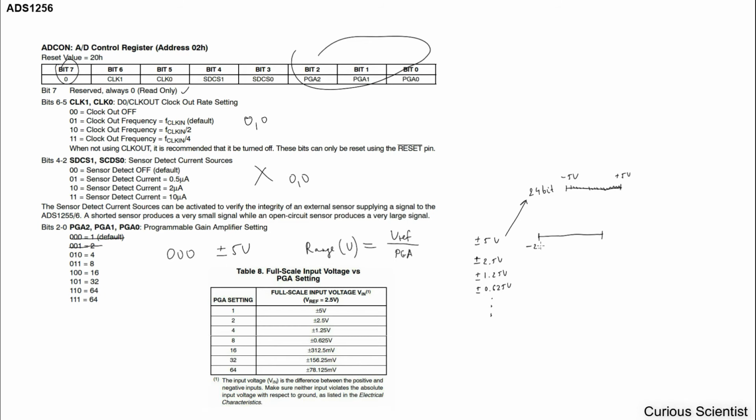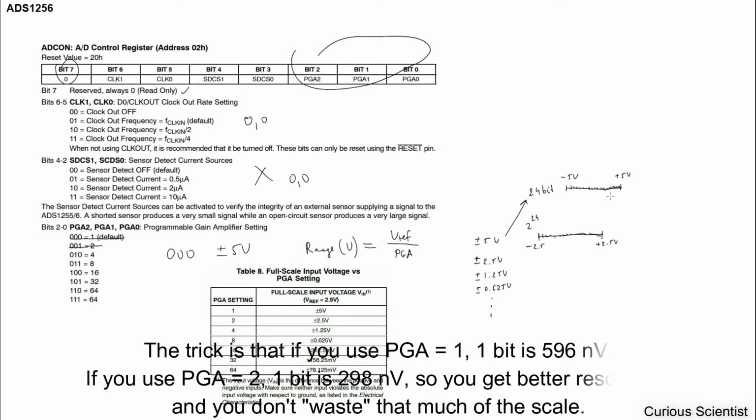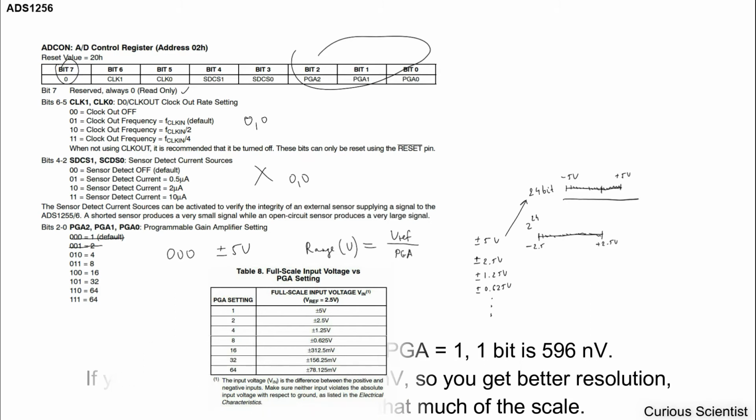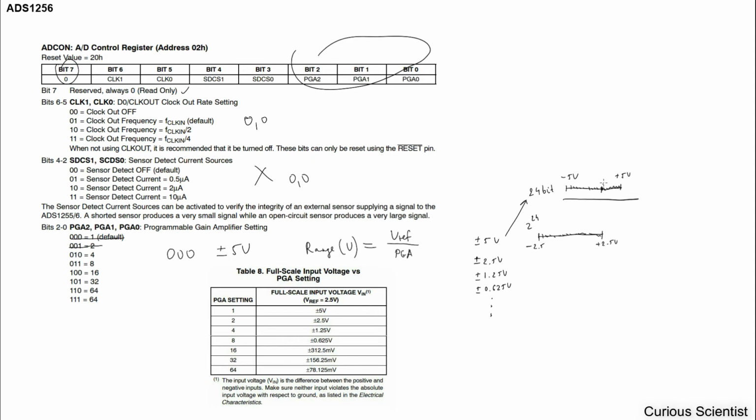So you measure between minus and plus 2.5 volt and divide it into 2 to the 24 equal parts, because otherwise, if you have the previous scale and your voltage is somewhere here, then you don't really use this domain, but you still divide the whole scale.